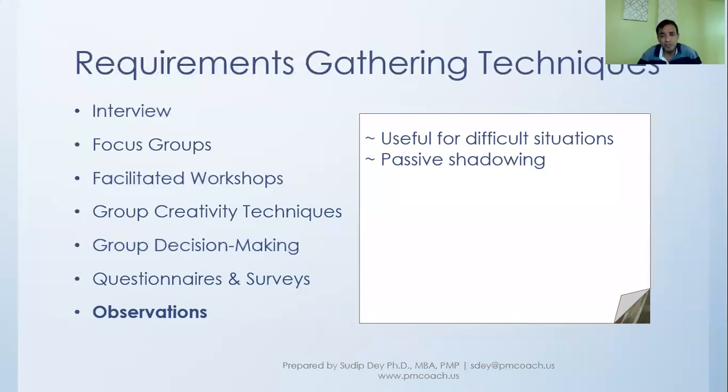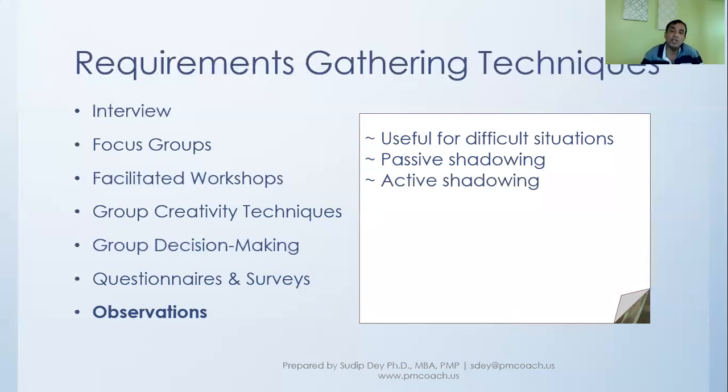So if you're doing passive shadowing, you will go and sit there the whole day, probably for quite a few days, and observe what people do, what they do after which activity, and so on and so forth. And you record that, note it down, try to understand as much as possible as you are observing.